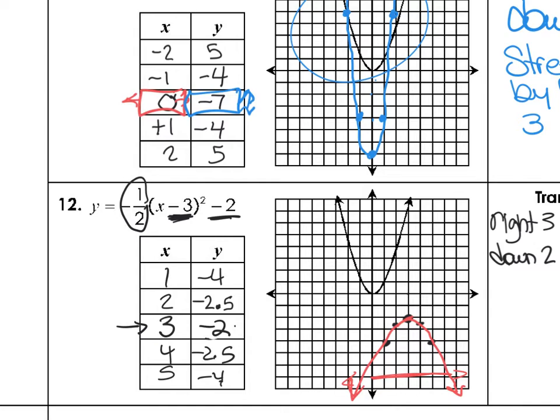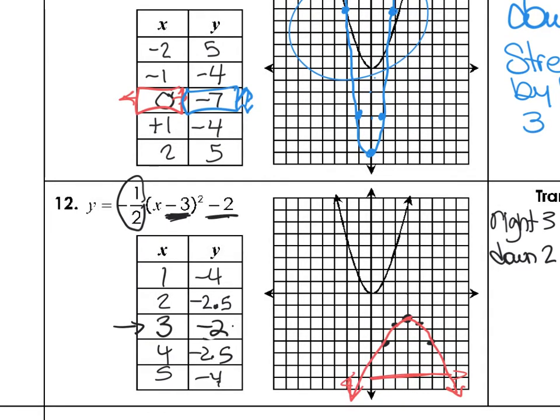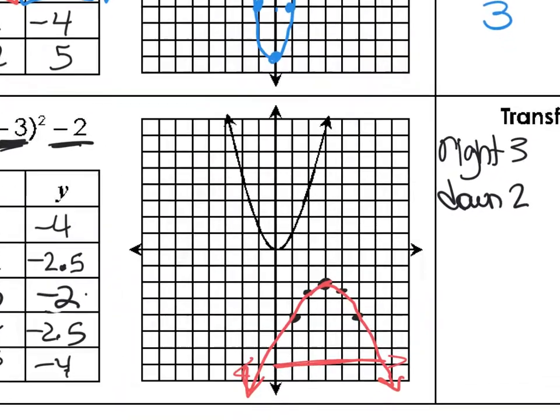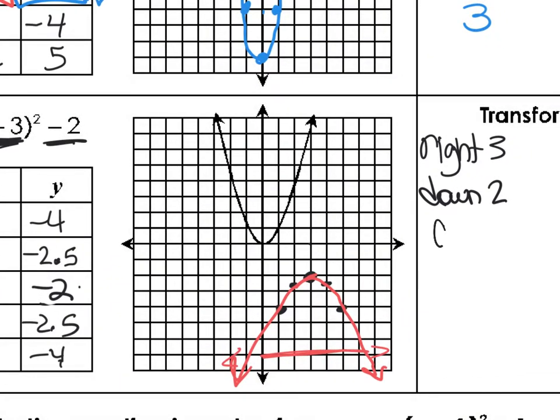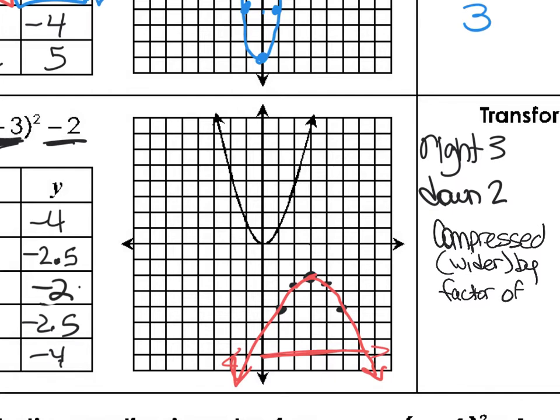And they use the word compressed, or it became wider by a factor. And we're not going to put the negative on there. It's just the 1/2, by a factor of 1/2.